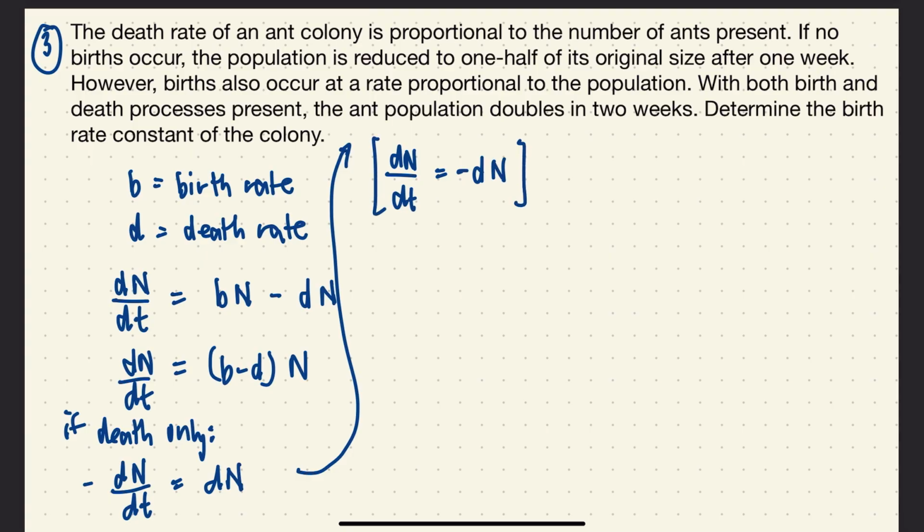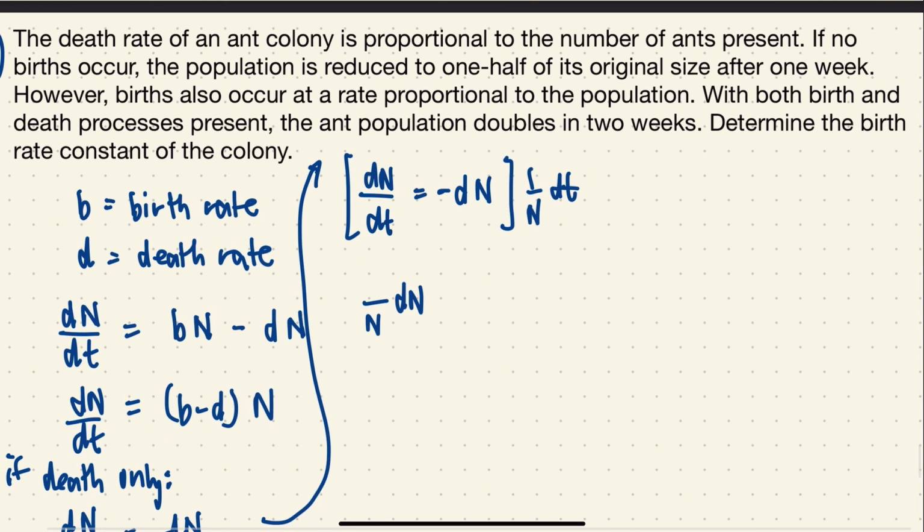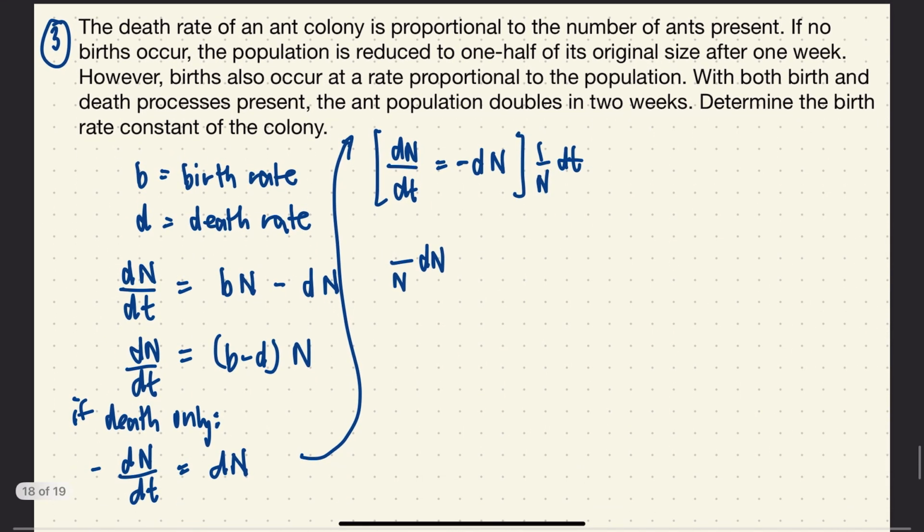We just divide both sides by N and multiply by dt. So this becomes dN over N, or 1 over N dN, is equal to negative D dt.